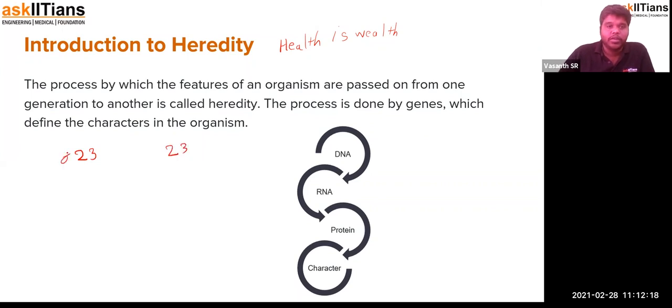That will be from the father and this will be from the mother. They'll have 46, which will give rise to a haploid set of chromosomes by the process of meiosis division. These gametes will fuse, creating a new combination of 46. This happens every time an organism is born for the same parent.